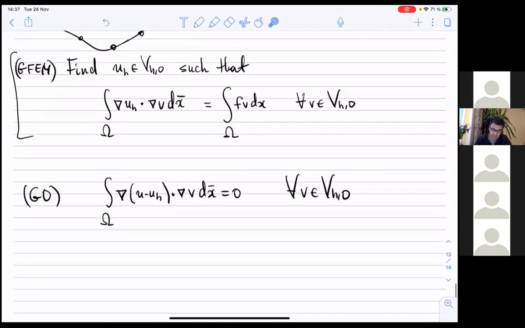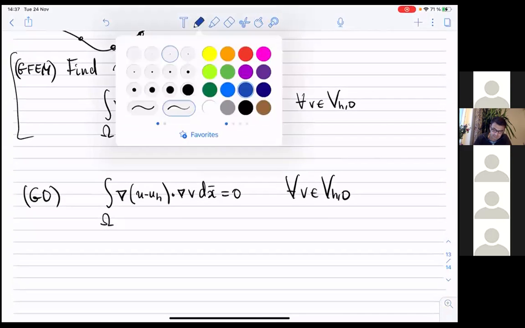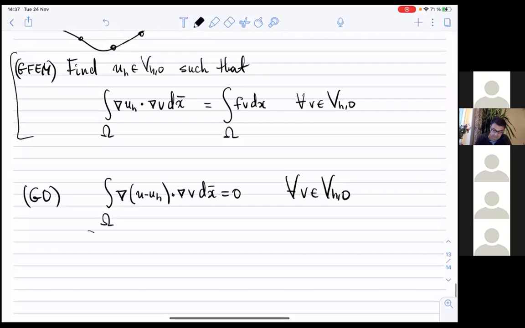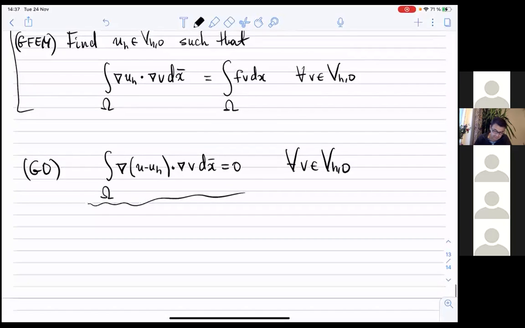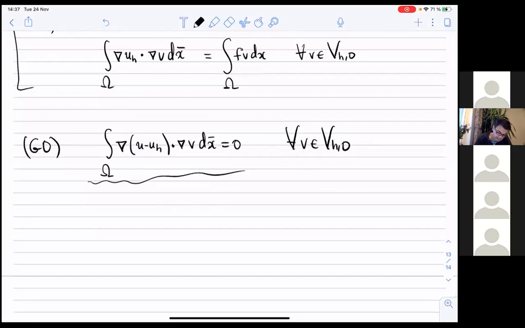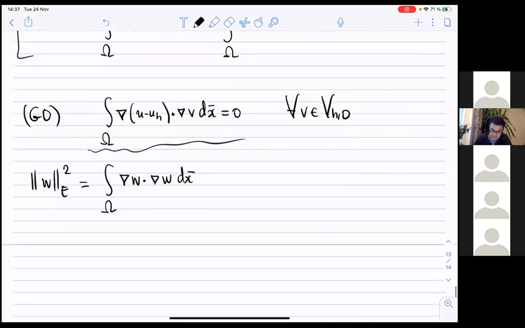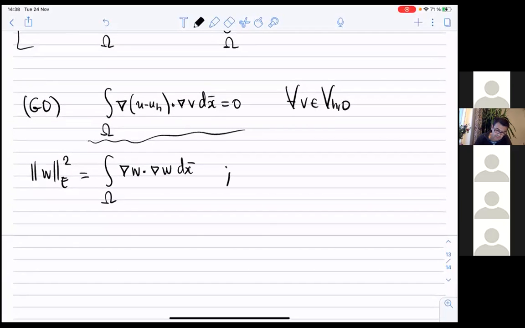So we come back there, and by using this Galerkin orthogonality, now we can define our energy norm. So it's the integral of gradient w times gradient w dx. And we denote that difference as an error, u minus uh.